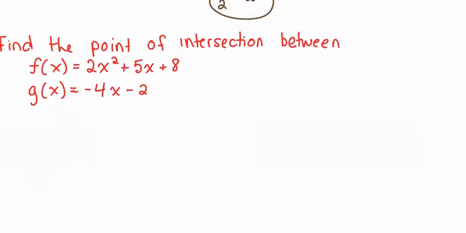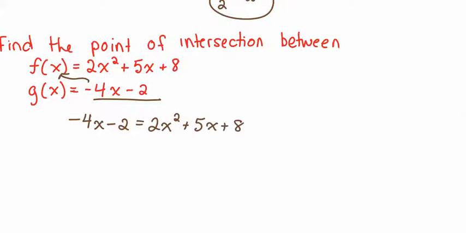Okay, and then the last thing from A2 was finding the point of intersection between a quadratic and a linear function. So to find the point of intersection, we just merge the two equations together. So if we're going to merge them, we just sub this into f of x. So negative 4x minus 2 equals 2x squared plus 5x plus 8.